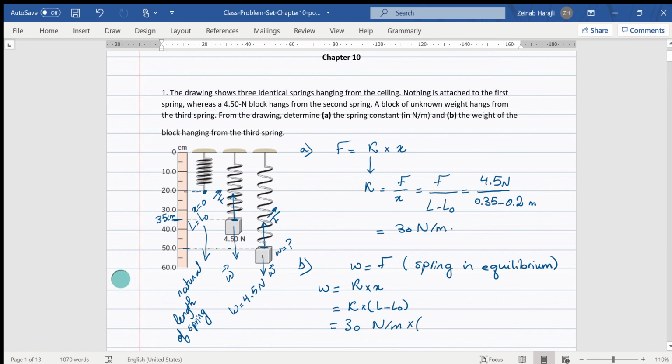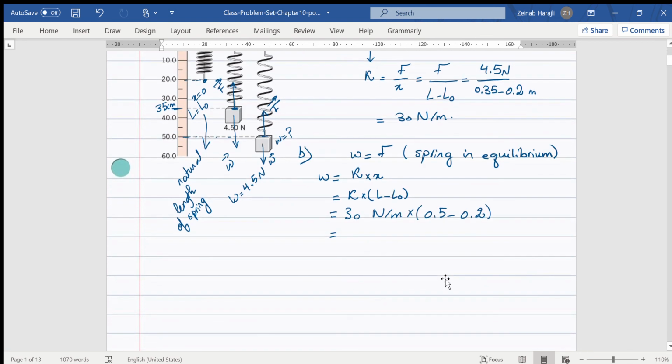L is equal to 50 centimeters for the third spring, which is 0.5 meters. And L0 is the natural length of the spring, like we said, which is 20 centimeters or 0.2 meters. So this gives us 30 times 0.3, and the value of the weight here is going to be 9 newtons.